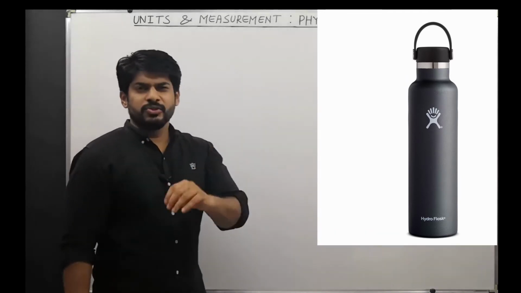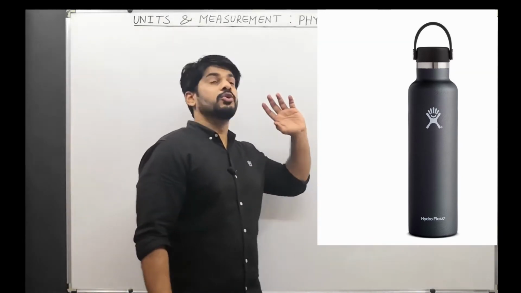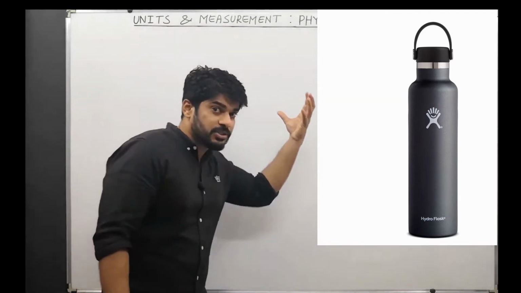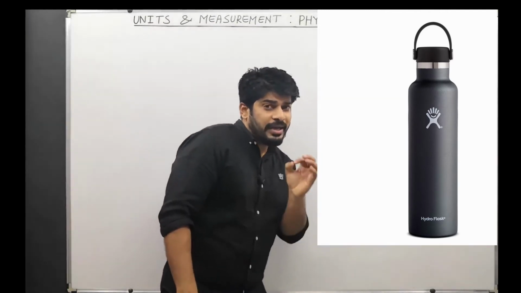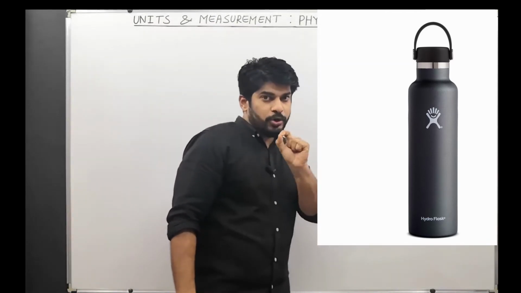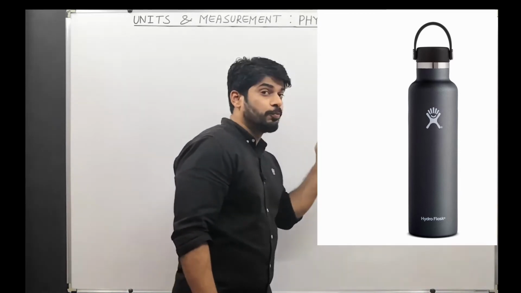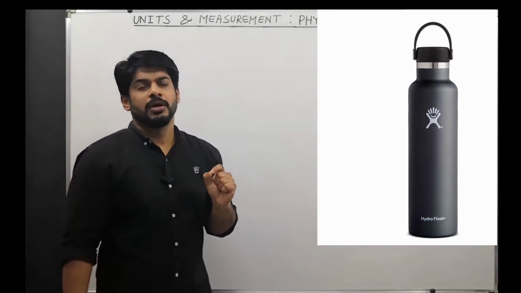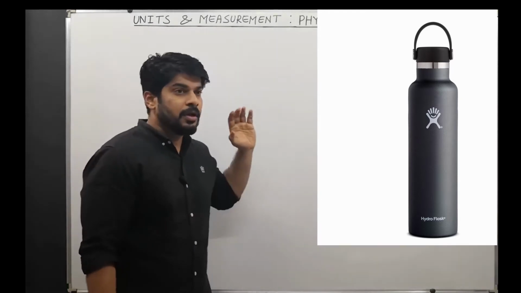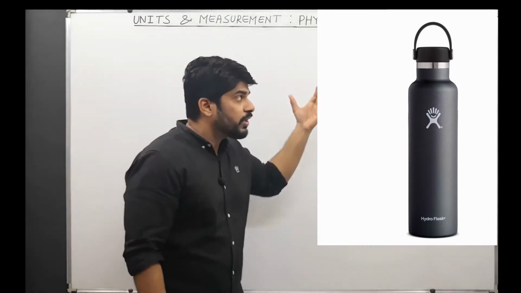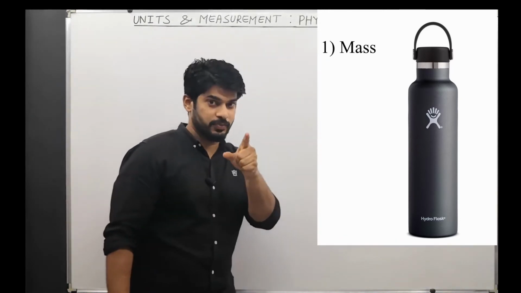Yes, they are also important in some way, but to completely describe this bottle, I require a few important properties about this object. So for example, I need to talk about what the mass of this bottle is.